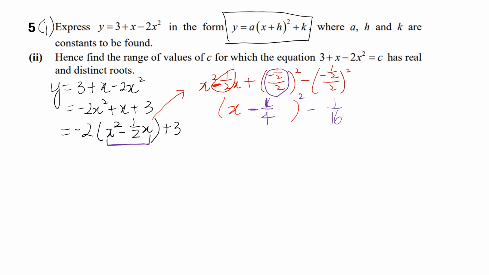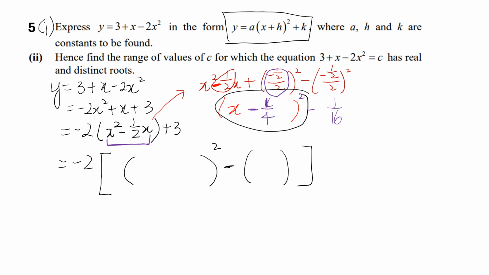Another way, I call it the shortcut way. What is the shortcut way? Let me show you what it means. You know that it has to be something squared, right? You know that it must minus something here.